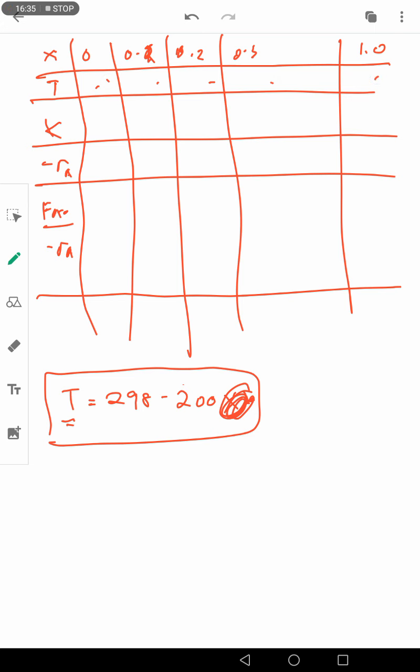So once you have the value for T, dalam soalan tadi dia beri K equals to K1 exponential, lepas tu ada 1 over T0 kan.